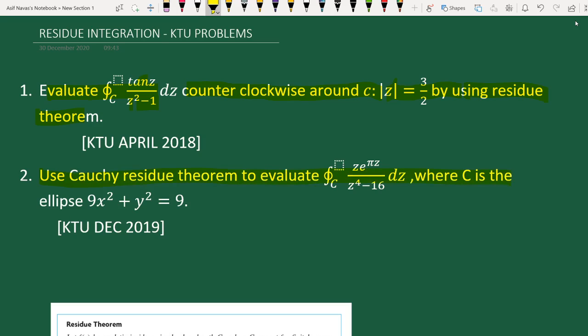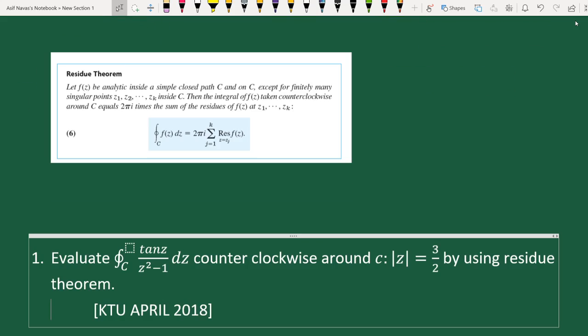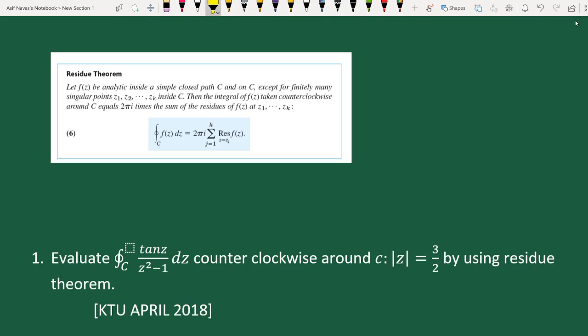Okay. So before going to the first question, let us discuss what the residue theorem is. Let us recall the residue theorem.